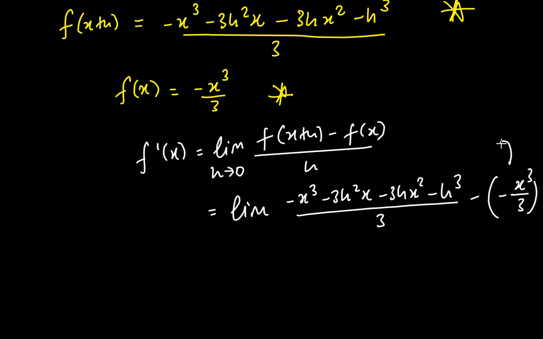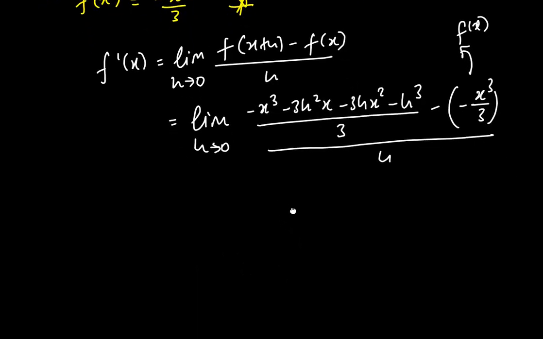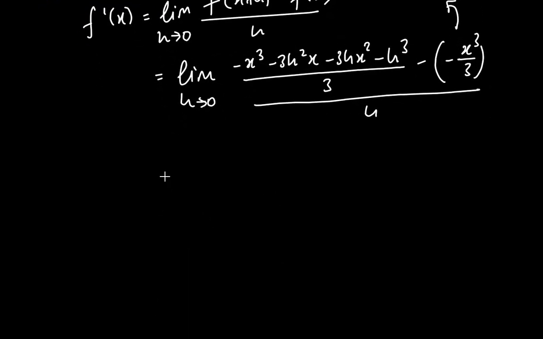So remember this whole part here is our f of x plus h, and that part is our f of x. We have all of that divided by h as h approaches 0. Interesting. So now what do we do next? We'll continue from there.